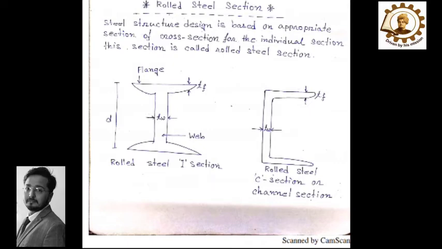The upper and lower portions are called flanges. The middle portion is called the web. From the top of the flange to the bottom flange is the depth of this I section.